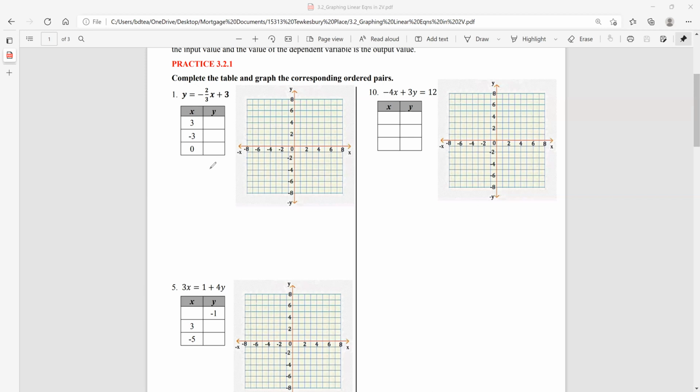I'm going to use this space over here. We have y equals negative 2/3 x plus 3. We're just going to use the points they're giving us for x as our independent coordinates, and then solve for y.